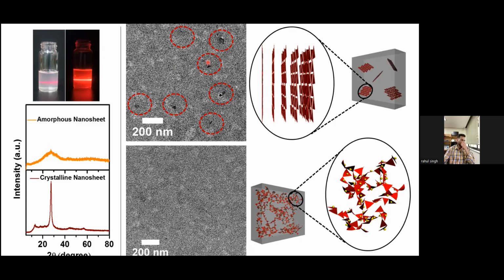So we made amorphous particles and then introduced them, and we found that the mechanical strength we were losing was maintained, and the strain value is almost the same as what we get in the pristine one.